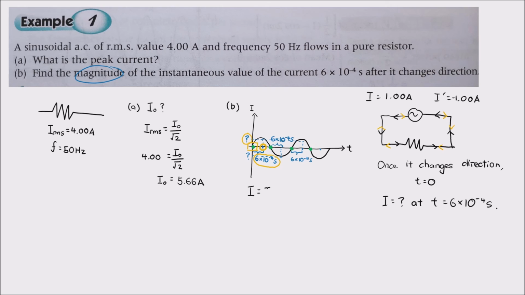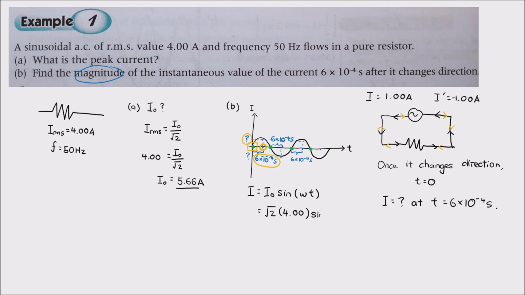So you write the equation here. You have I equals I naught sine omega t. Your peak current, you have actually found it over here, but I prefer you all to write the exact value because 5.66 here has been rounded. So writing it like this will be better.